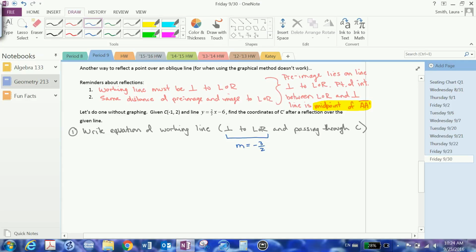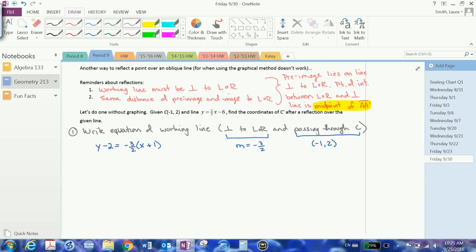And passing through C, this is my point, (-1, 2). I think I'm prepared to write the equation of the line. So the equation of the line should be y minus 2 equals -3/2 times (x plus 1). I just wrote that in point-slope form. Okay? All right.